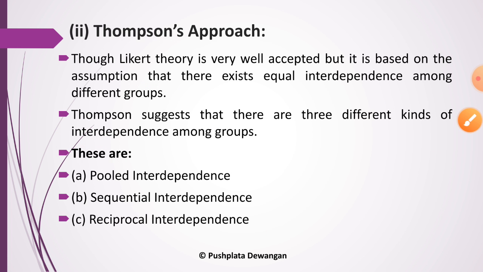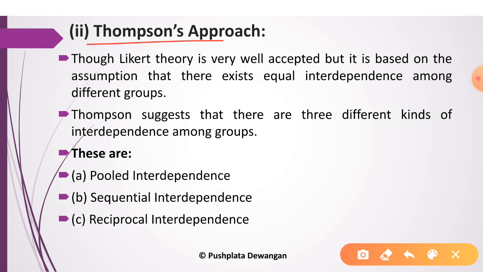And the second approach is given by J. Thompson. Likert's theory is well accepted, but it is based on the assumption that there exists equal interdependence among the different groups. But Thompson suggests that there are three different kinds of interdependence among the groups. The first is pooled interdependence.